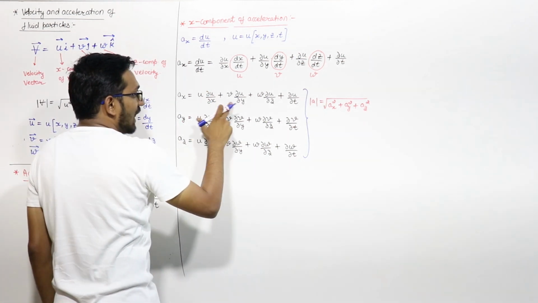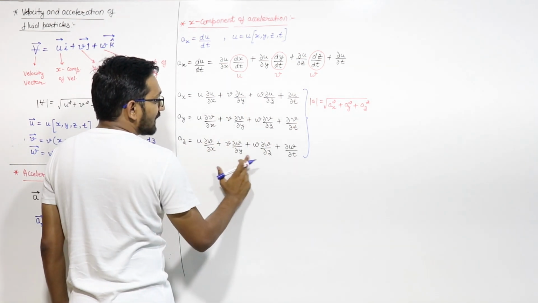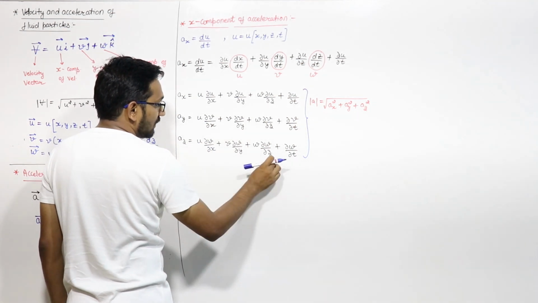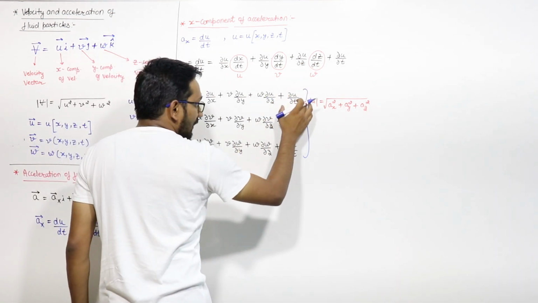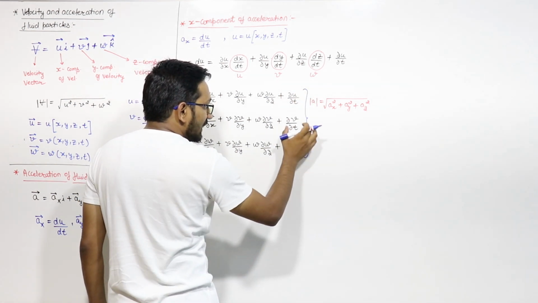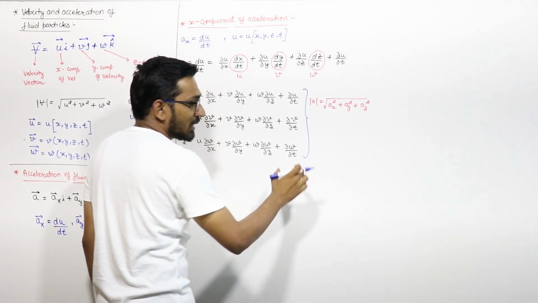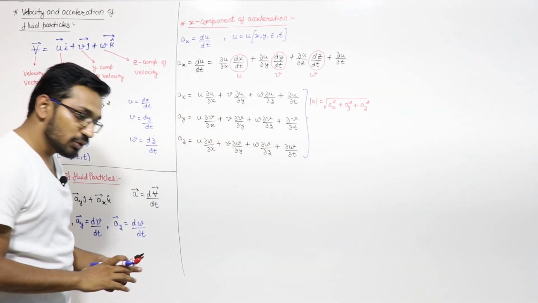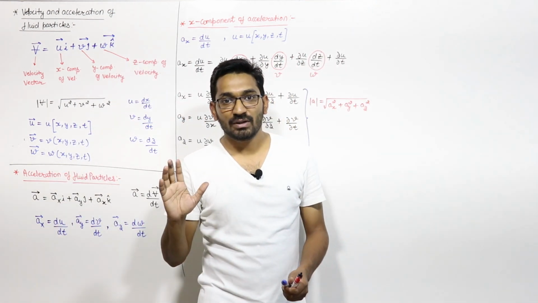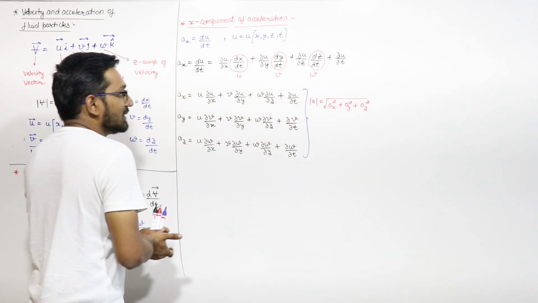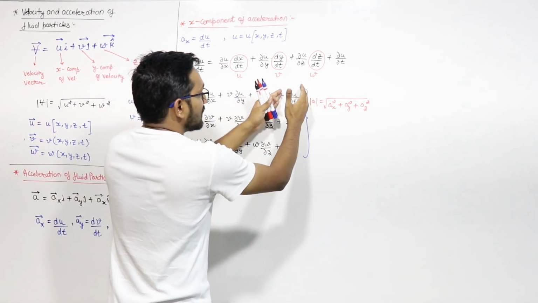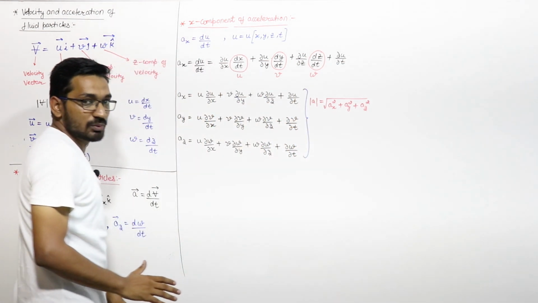If the velocities are varying in the x, y, z directions, then because of that the acceleration comes as this one. And this is the acceleration component because of the variation of velocity with respect to time. You know that velocity can change with respect to space and with respect to time.